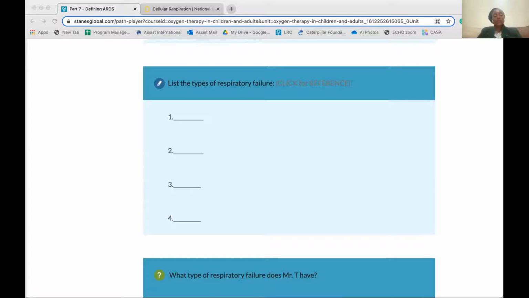Then you have type 4, which can occur when the patient is in shock, and usually occurs secondary to cardiovascular instability, whereby there are issues of perfusion, and the patient has low BPs and is not able to perfuse, hence not able to take oxygen molecules to the rest of the tissues. So you end up having some sort of respiratory failure. So there are 4 types: type 1, type 2, type 3, and type 4.